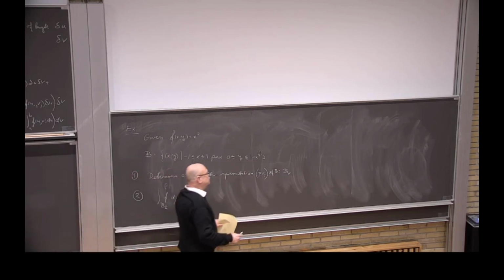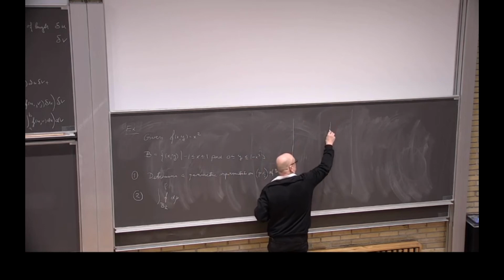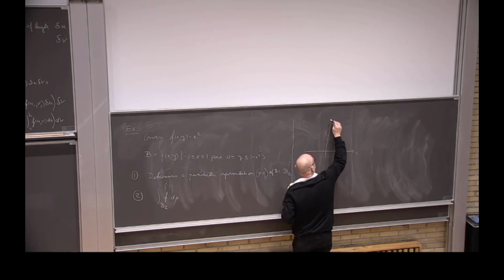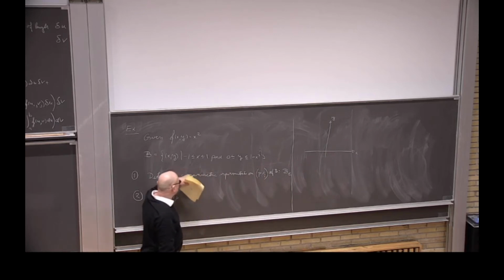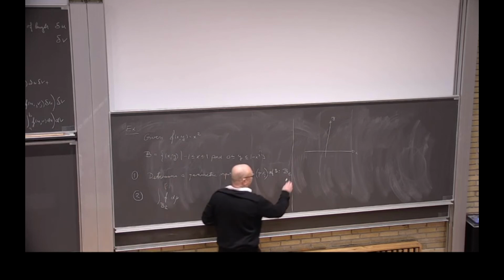Let me first draw the field. That is, I want to draw B. So I have here X and Y. When I look at it, I can see that X is between -1 and 1.